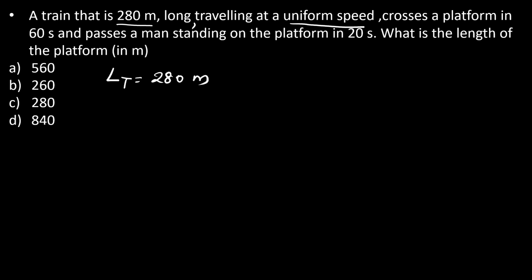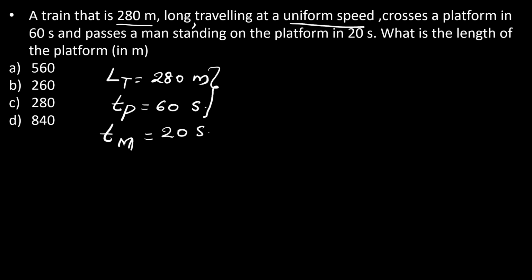It is traveling at a uniform speed and it crosses a platform in 60 seconds, that is, the time taken to cross the platform is 60 seconds. It passes a man standing on the platform in 20 seconds, that is, the time taken to pass the man is 20 seconds. So we have to find the length of the platform.